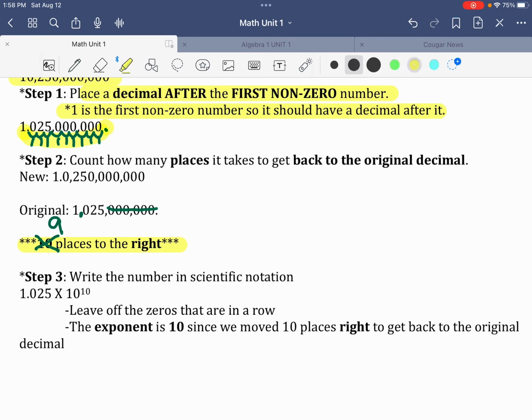The final answer here: 1.025 times 10 to the 9th power, not to the 10th power. There was a big mistake made there, or somebody forgot to type in a 0, I suppose. All right, so we only had to move it 9 places, not 10.